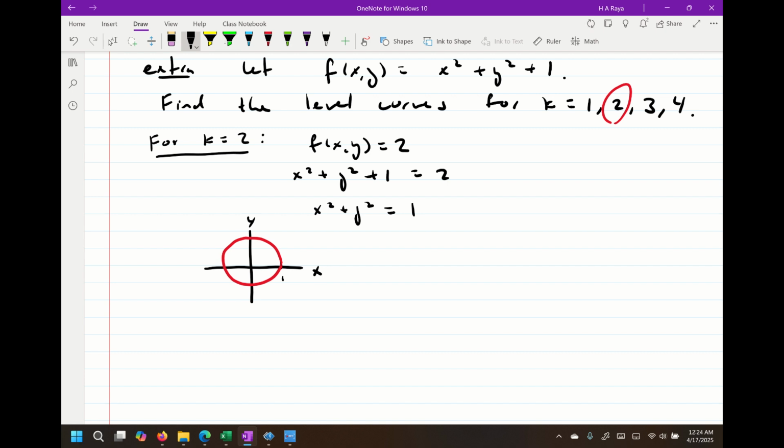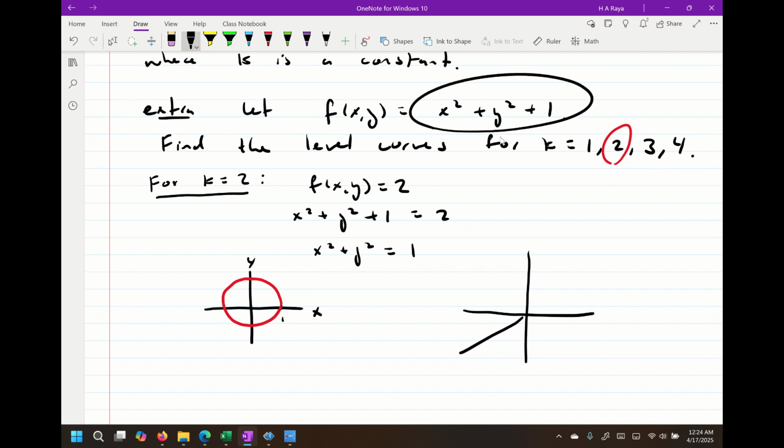To give us some insight of what this level curve represents, let's look at f of xy. So again, this graph is x squared plus y squared plus 1. On the xyz coordinate system, this is the paraboloid that we graphed in our previous section, plus 1. So you're going to take that paraboloid and shift it up 1 unit. So that graph will look something like this.